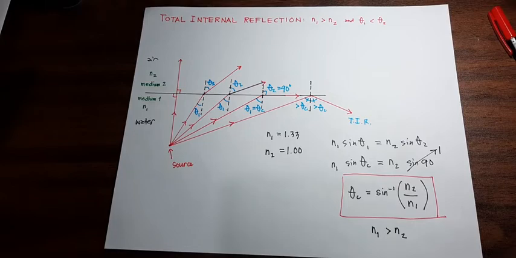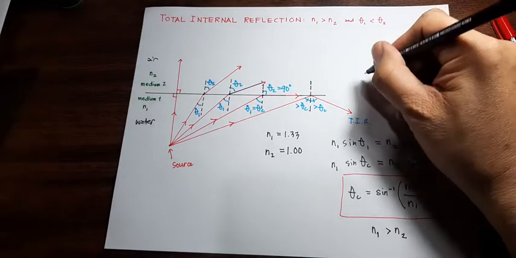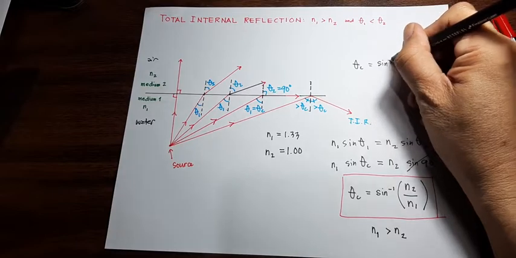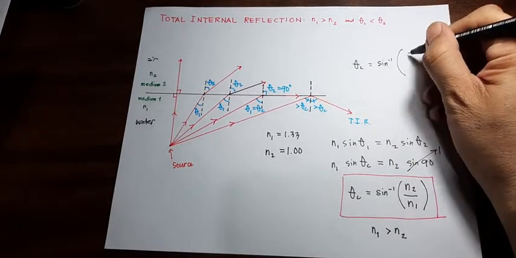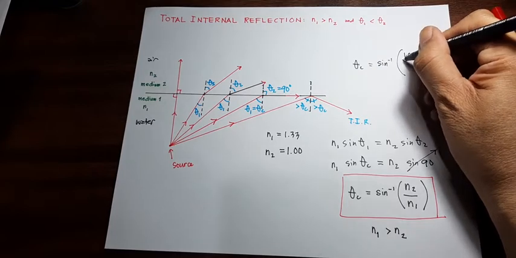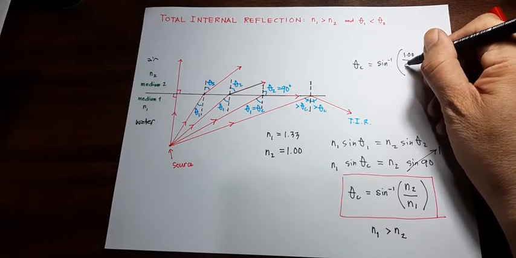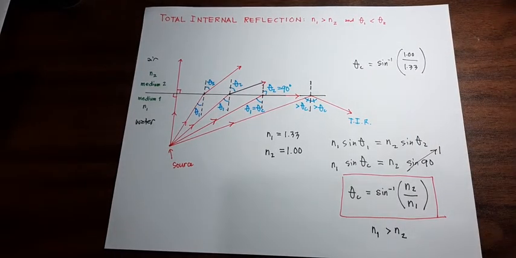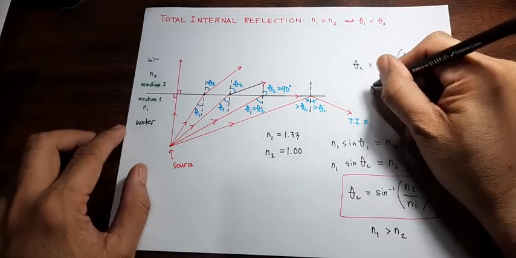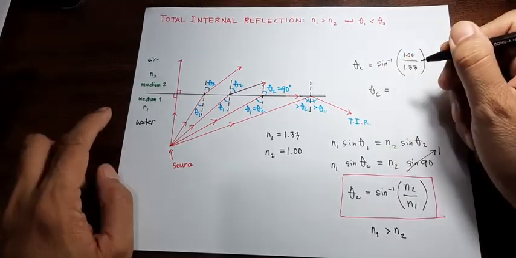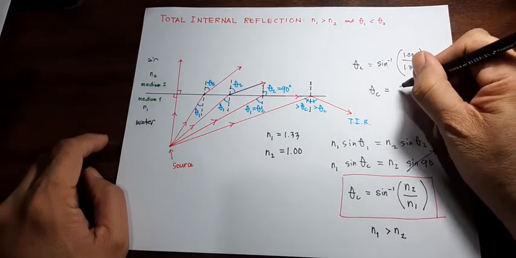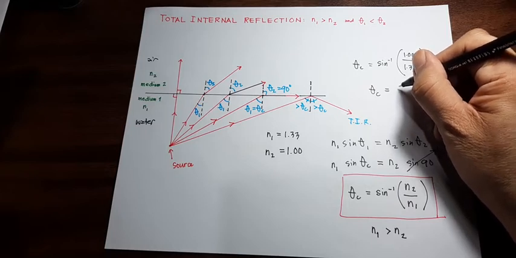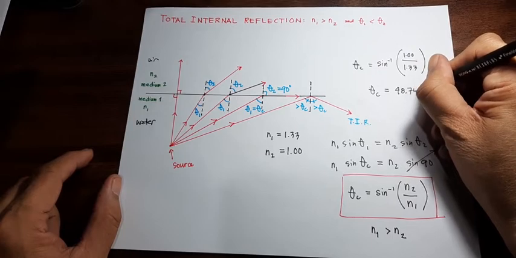Then the critical angle is equal to, well, we can compute here, the critical angle is equal to arc sine 1.00 over 1.33. So the critical angle for water to air is 48.75 degrees.